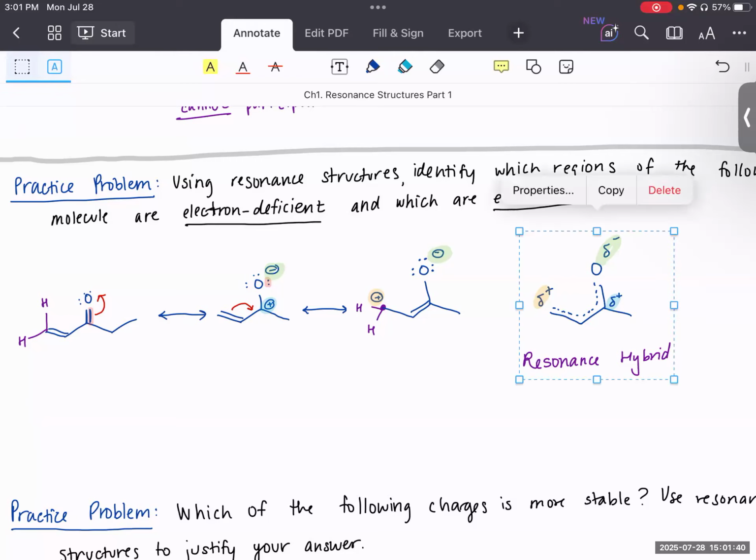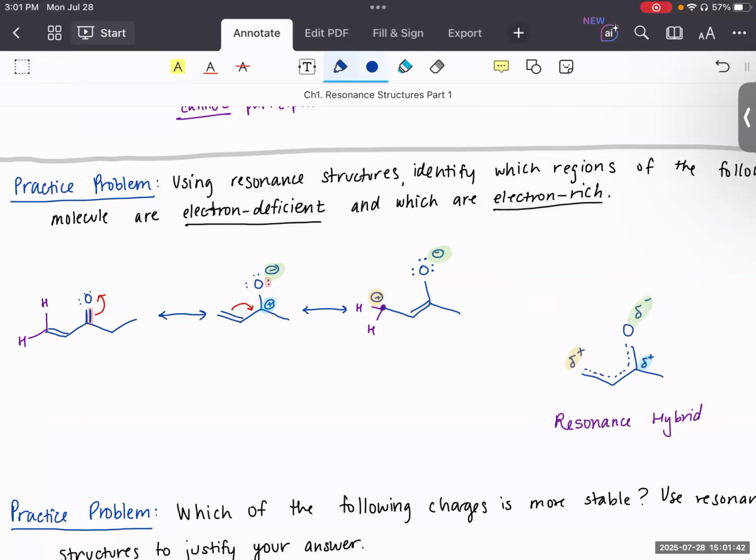And so from here, we can identify the electron rich and the electron poor sites. So wherever we see a delta minus, that means that this is going to be electron rich. And so that means that that oxygen, within the hybrid state of its electron distribution, has some extra electron density on that oxygen relative to what a neutral oxygen should have.